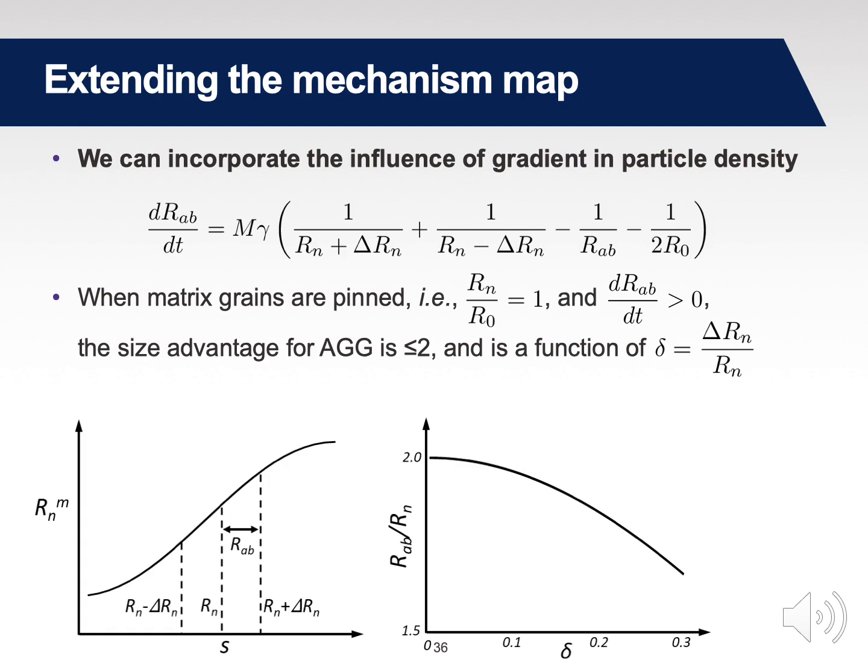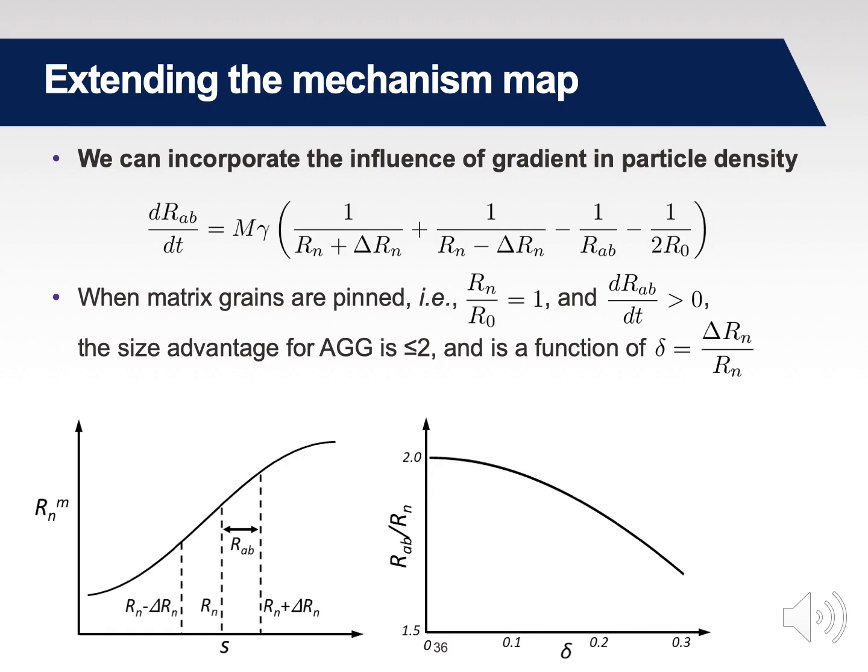And when we plot the result as a function of this parameter delta here, which tells us how much the distribution departs from randomness, essentially, we see that the size advantage required for abnormal grain growth is relaxed. An abnormal grain doesn't need to have 2 times the size of the normal grains in order to persist.